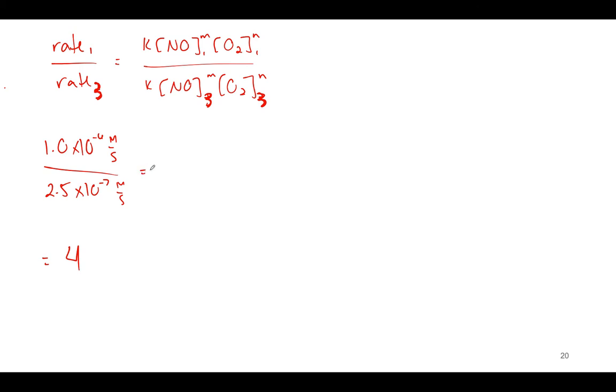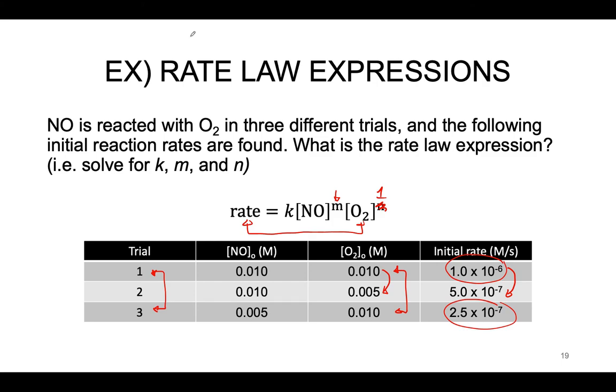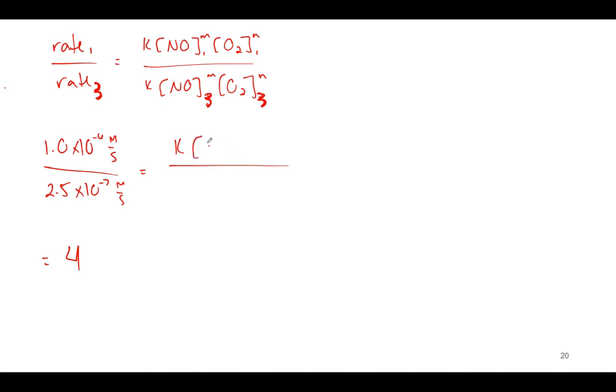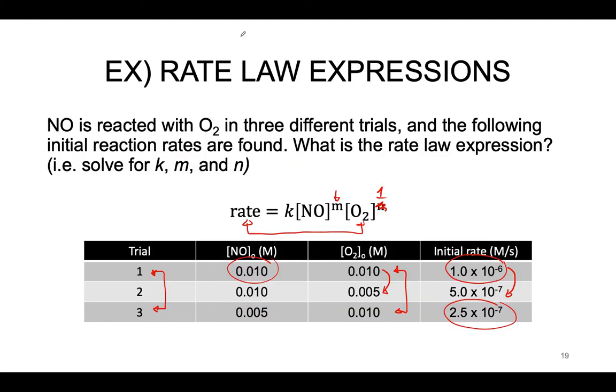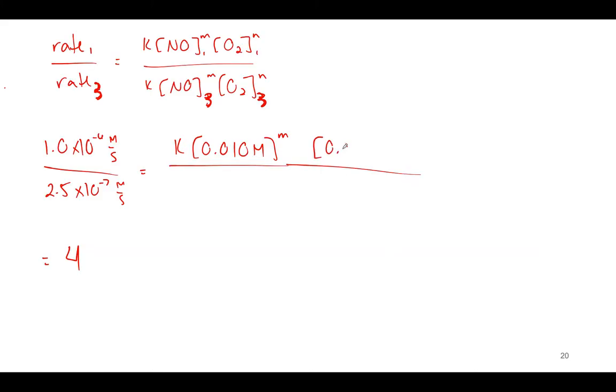We can use this information to find what our rate order M is equal to by using, again, the same trick that we saw before. Rate constant, K, is going to be multiplied by the concentration of our nitrogen monoxide in trial 1, which we can see here is equal to 0.010 molar, all raised to the M. The concentration of our O2 is also 0.010.